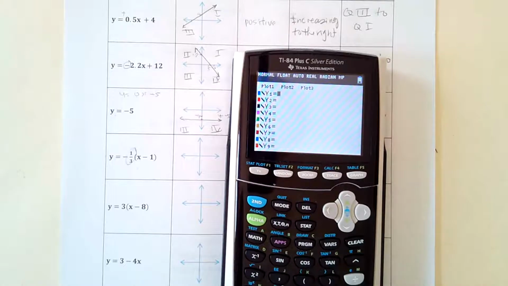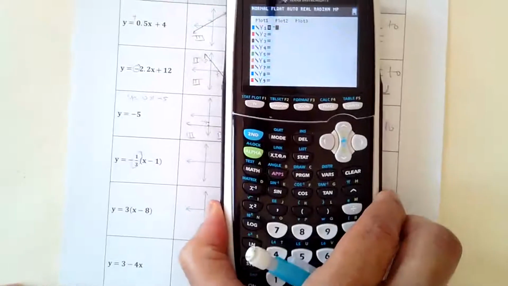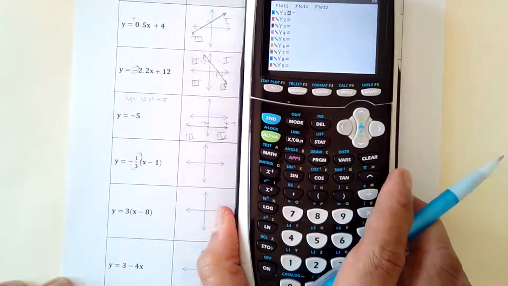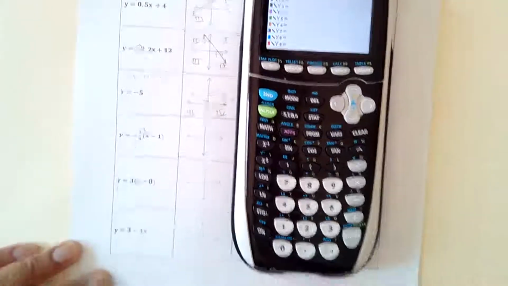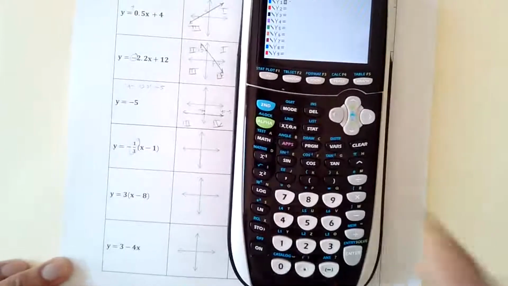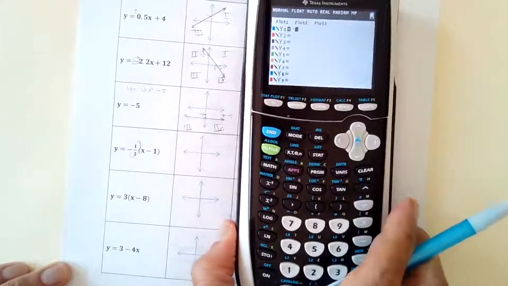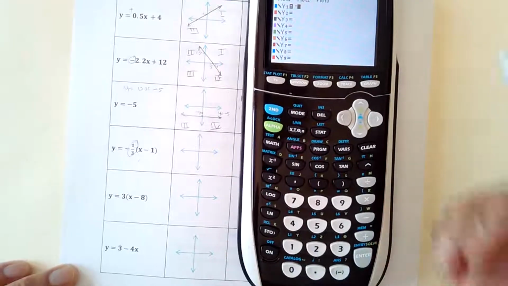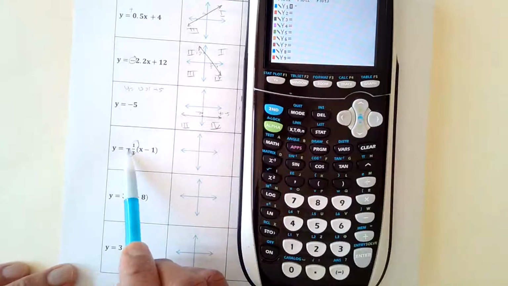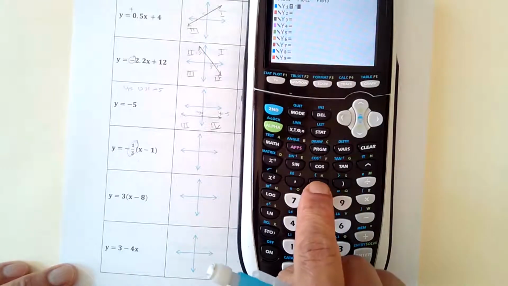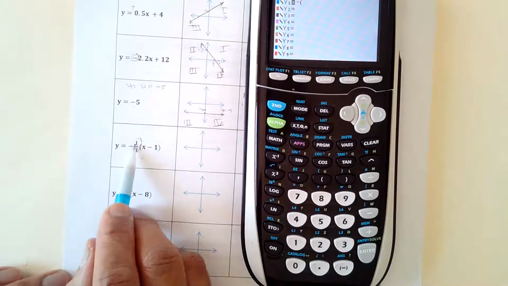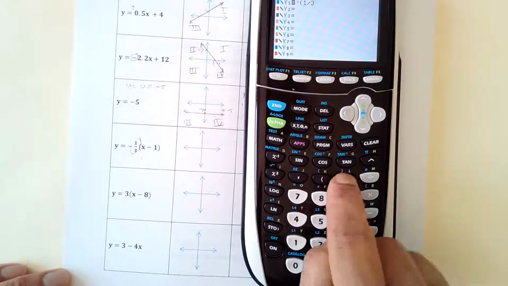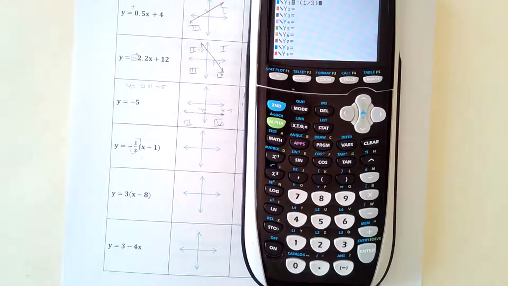Notice what I did here. I have my negative sign, but the 1/3, I put open bracket first. 1 divided by 3, close bracket. You need to close that bracket.